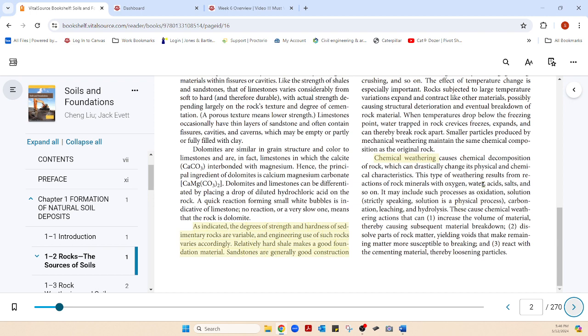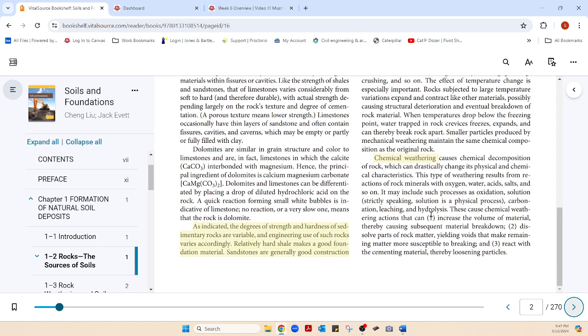This type of weathering results from reactions of rock minerals with oxygen, water, acids, salts, and so on. It may include such processes as oxidation, solution, and strictly speaking, it says solution is a physical process, but it's under the chemical weathering.